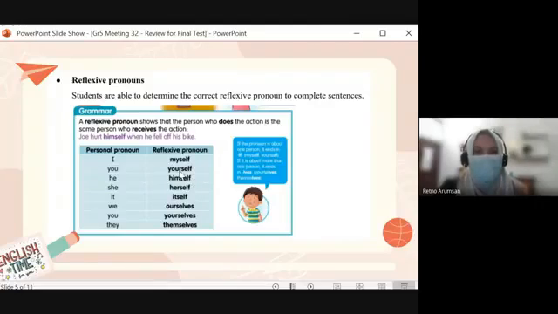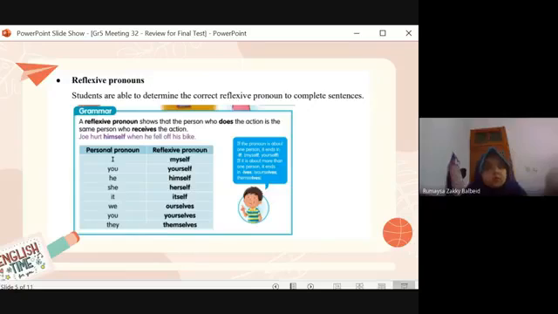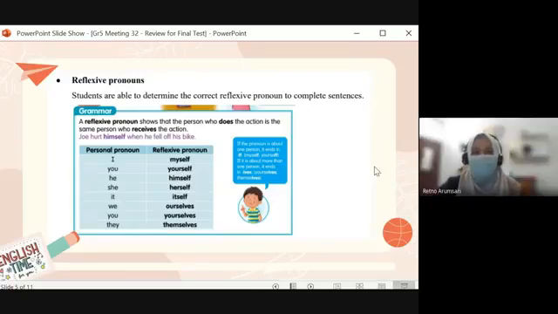There is myself, yourself, himself, herself, itself, ourselves when there is more than one person, yourselves when you're talking to more than one person, and themselves, not their selves, but themselves. Their selves is wrong.